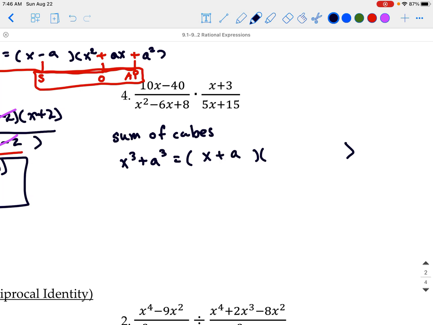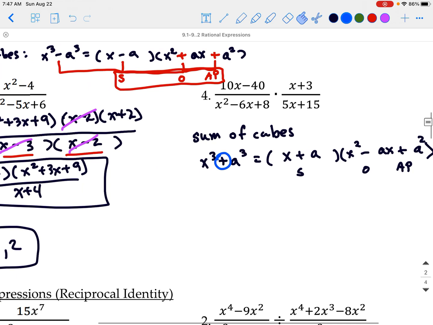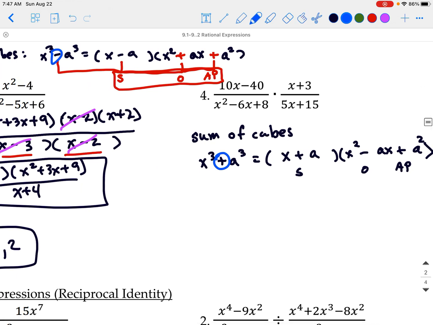So we'll have x plus a instead of x minus a. And then we're still going to have x squared, a times x, and a squared. But now the opposite sign is going to be subtraction. And again, this last term is always positive. So same opposite, always positive still applies. But now our signs have changed because we have a sum instead of a difference.